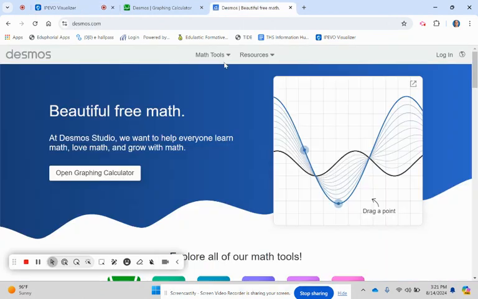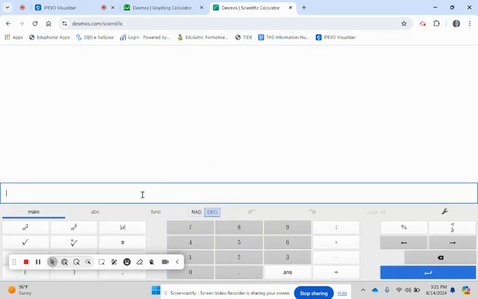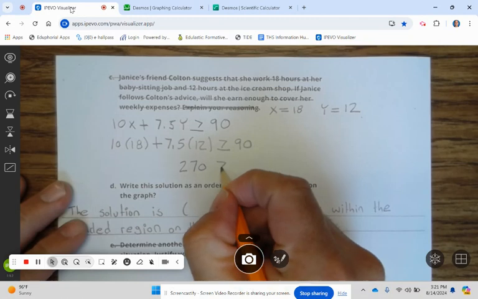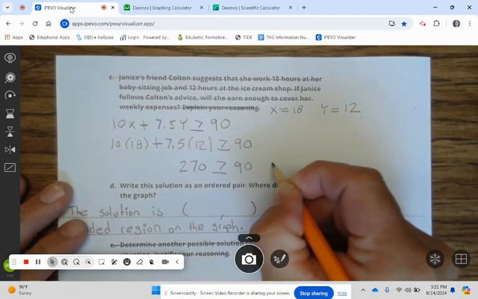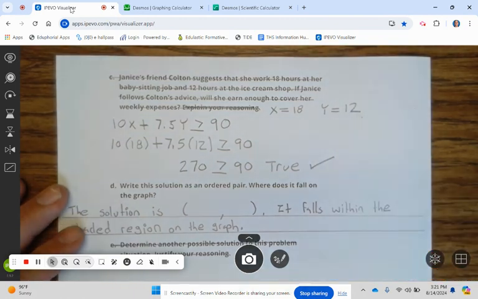So I'm going to go to another Desmos screen, and I want to go to Scientific Calculator, and I'm going to do 10 times 18 plus 7.5 times 12, and I get 270. So 270 is greater than 90, that is true, so it checks.